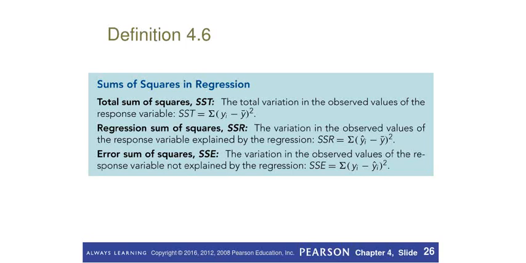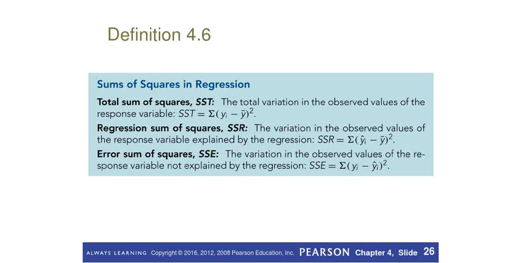The regression sum of squares is when we take our predicted value, that is what we got from our equation, y hat, which is b0 plus b1x, once we actually find that regression equation. Once we do that, we get the regression sum of squares. We call that SSR.